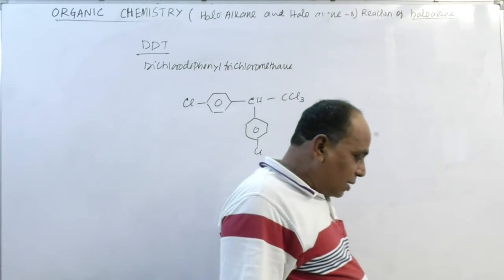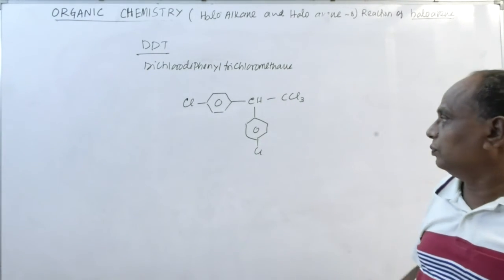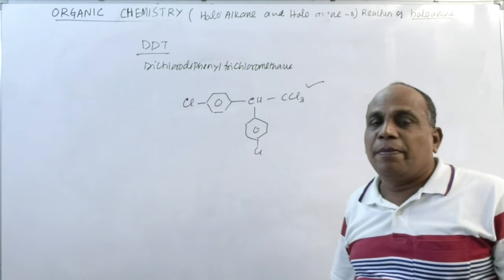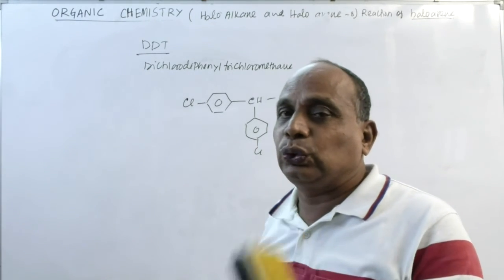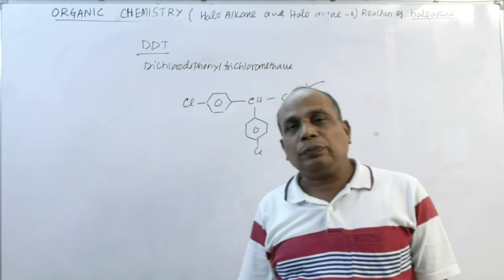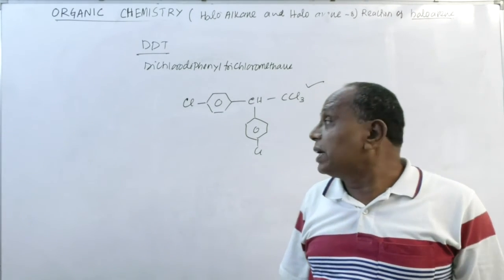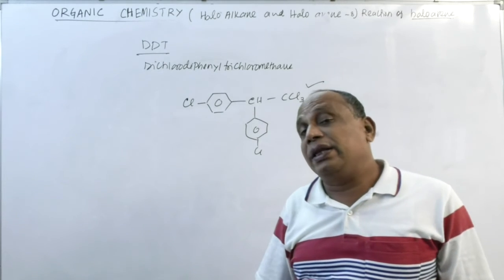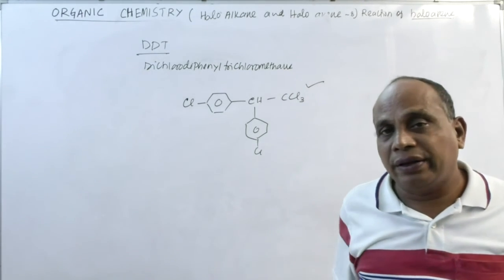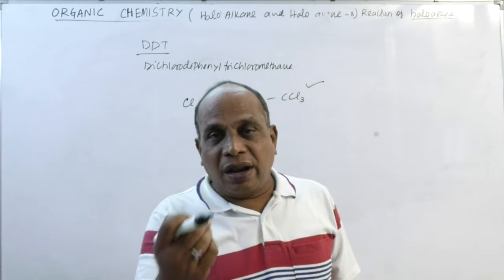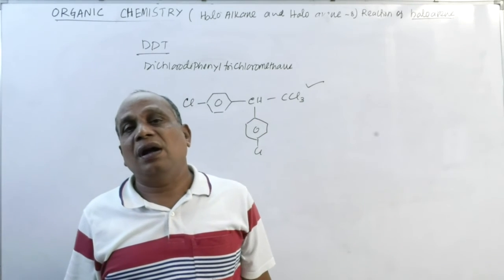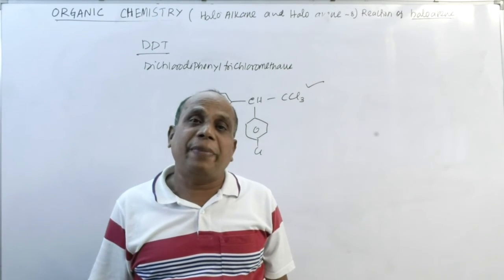After the Second World War, DDT became very famous, particularly as it is used to control malaria. It can liberate chlorine, and the liberated chlorine can destroy the larvae of malaria parasites.